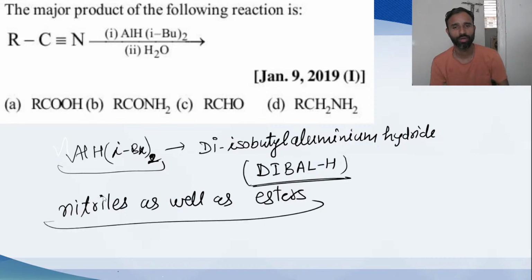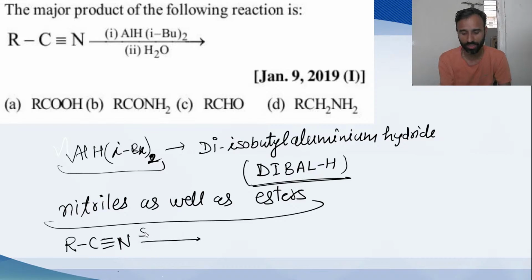So tell me, what is the answer to this question? RCN is reduced to RCHO. Even SnCl2/HCl can be used here.